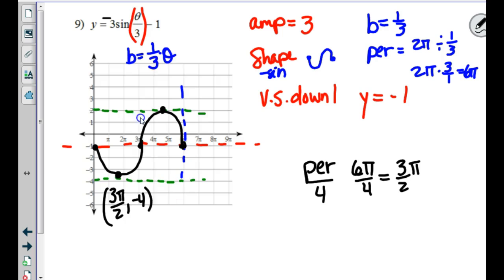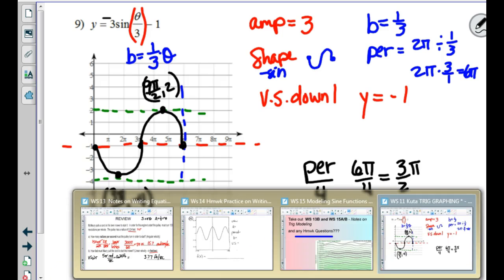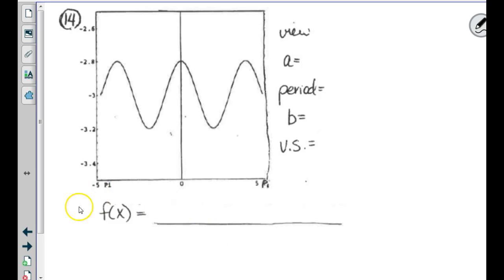Everybody good? Did anybody start 14? No questions? Anybody questions on any of the bookwork? All right. Worksheet 13.